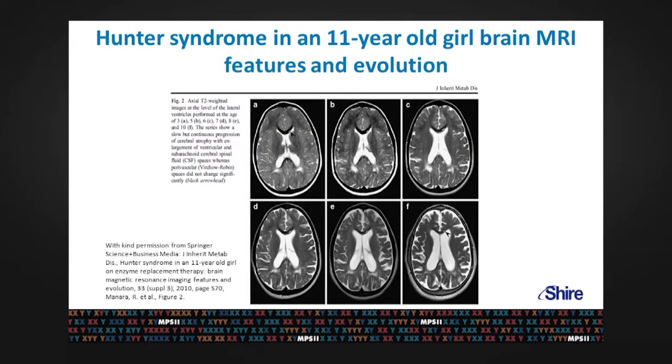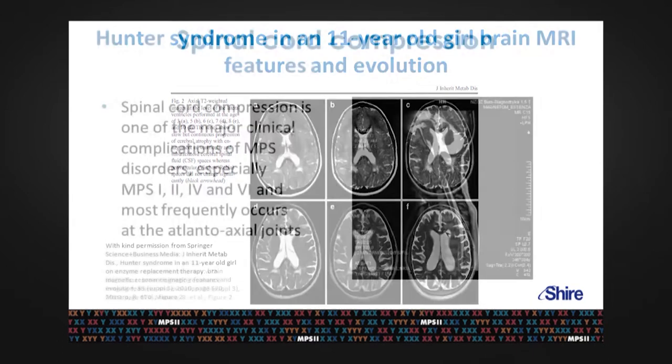Another, from the same author, is a similar, very nice set of pictures showing the development of hydrocephalus and subarachnoid cerebrospinal fluid in one girl with type 2, done at 5, 6, 7, 8, 9, and 10 years. You can see the progressing changes in the central nervous system.